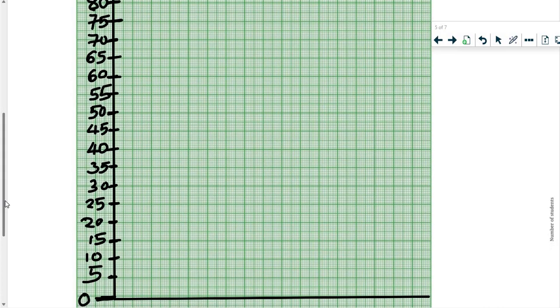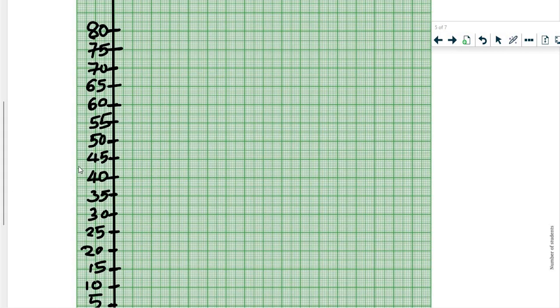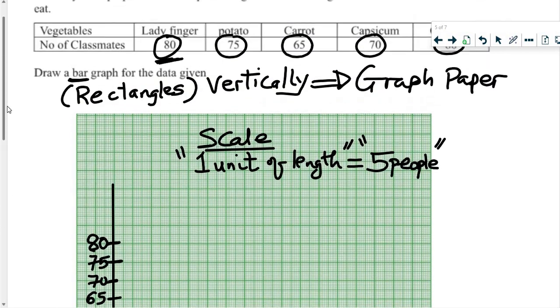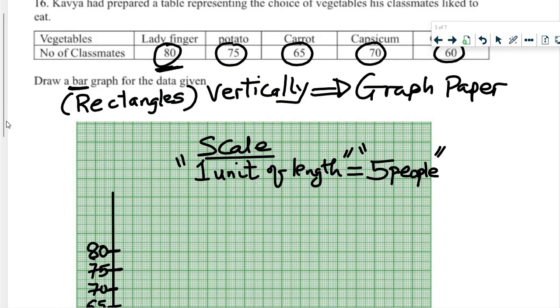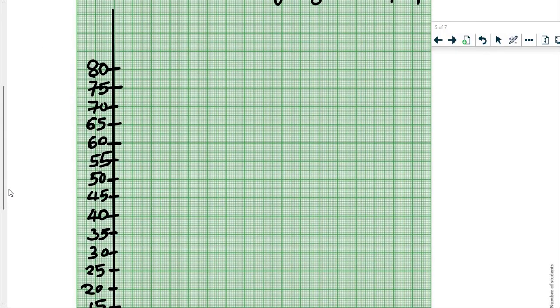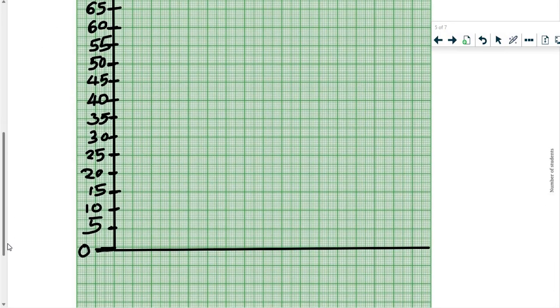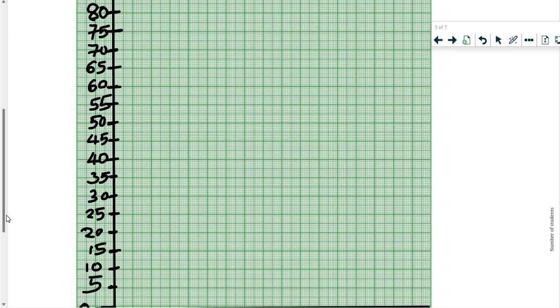Now, this data is for the number of classmates. So we write number of classmates here.